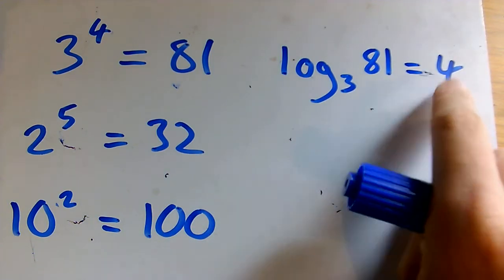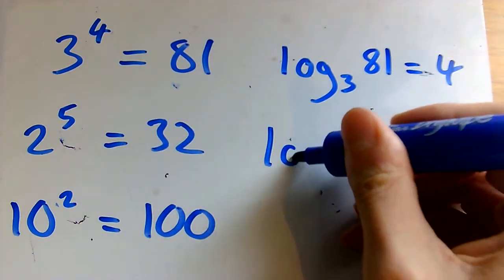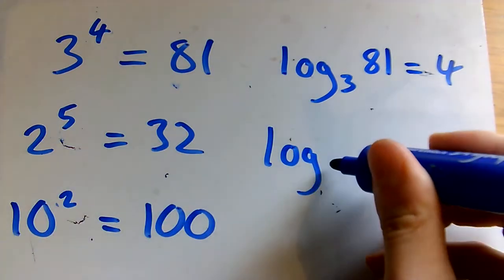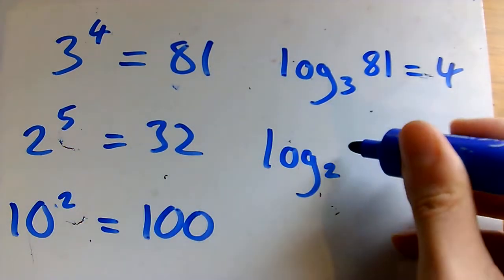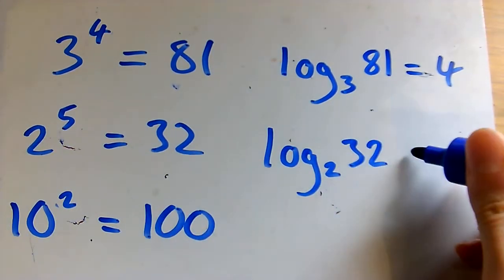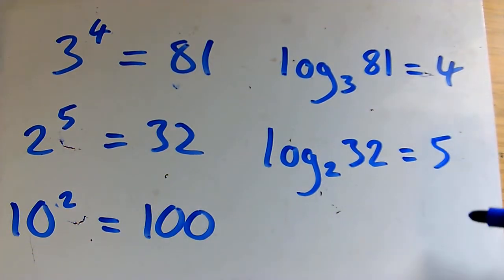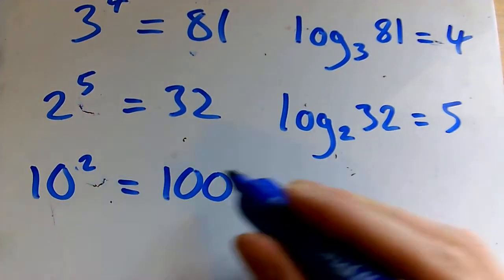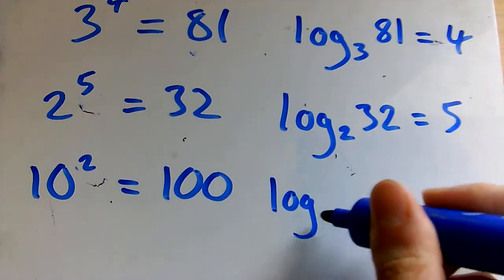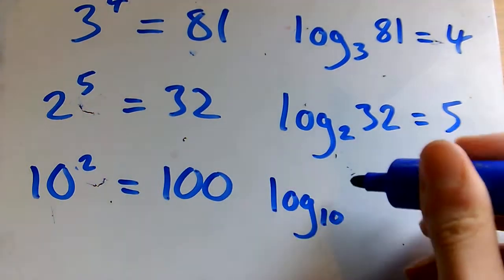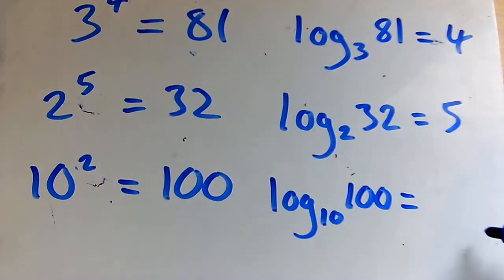4. Okay, let's do it with this one here. We're asking what power of base 2 would give us 32, and the answer is 5. This one here, what power of base 10 would give us 100? It'll be 2.